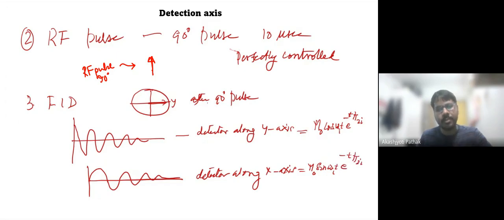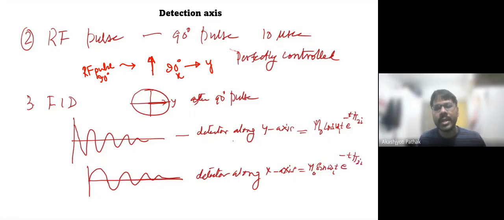It is important because you are applying a 90-degree X pulse. Now your 90-degree X pulse will orient the Z magnetization into the Y direction.